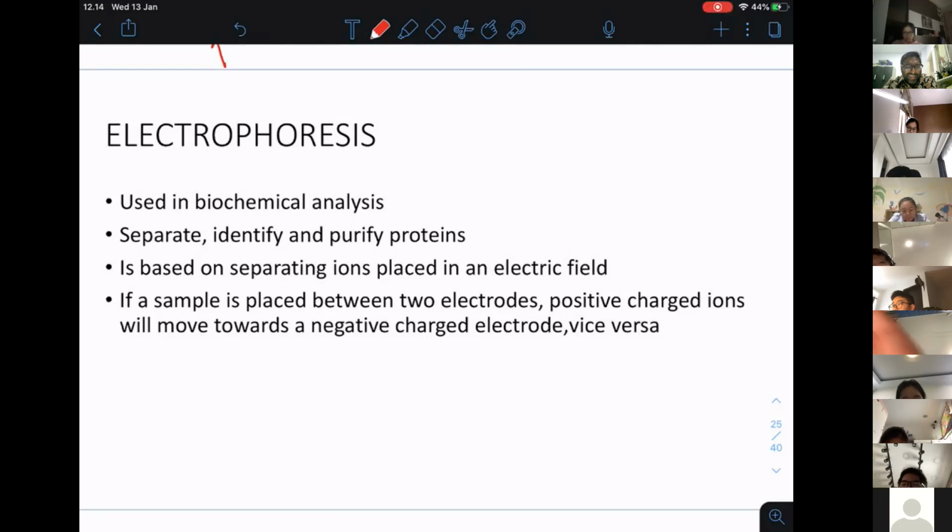So it's something like chromatography, like paper chromatography, if you want to put it that way, but the ions are going to be separated using an electric field. If a sample is placed between two electrodes, positively charged ions will move towards the negatively charged electrode and vice versa. So this is electrophoresis.